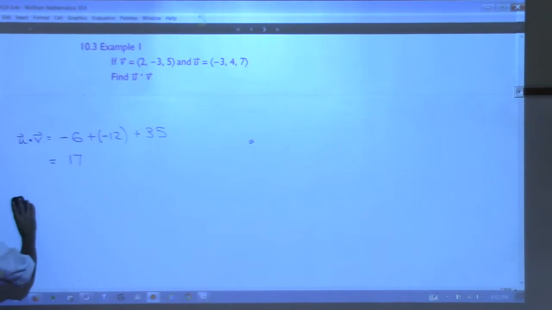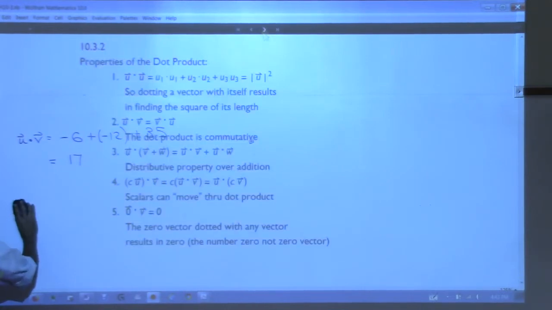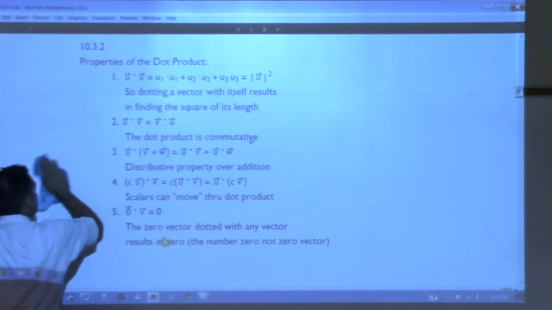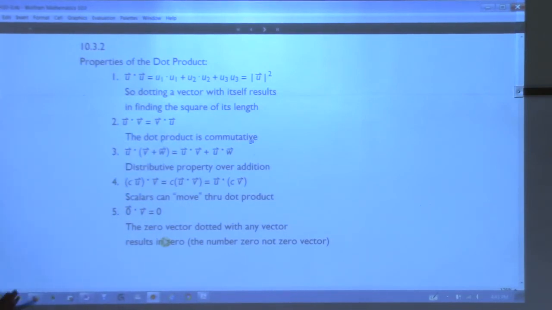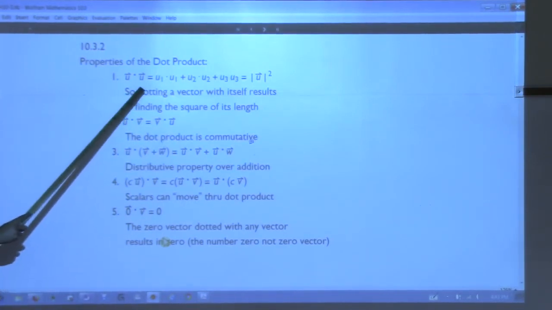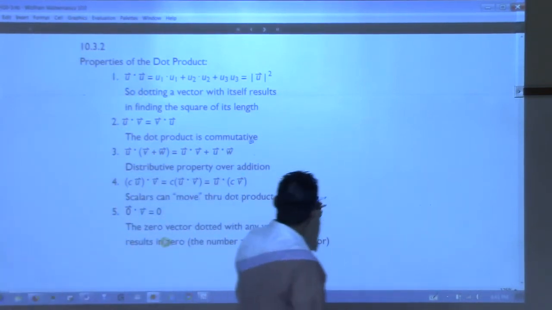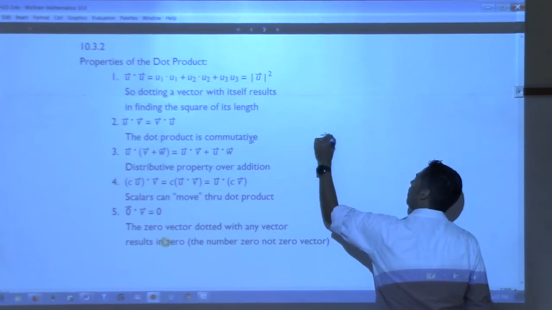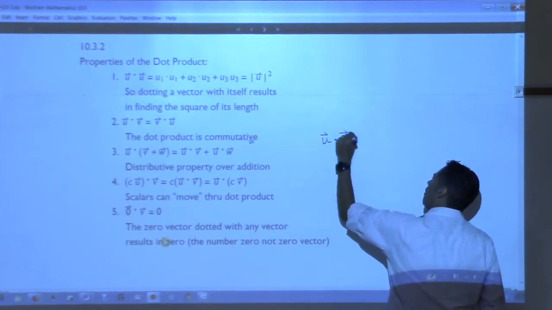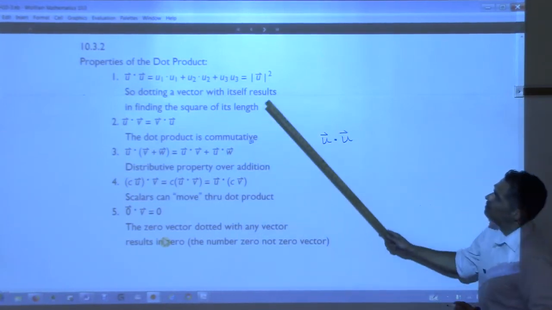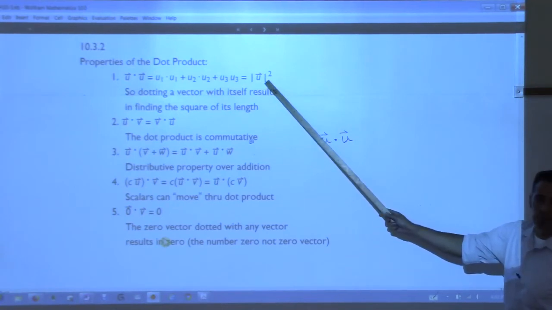All right, let's talk about some properties of the dot product before we actually get into the meaning of it. Check out this property, super important property right here, the first one. If you take a vector and dot it with itself, you get the magnitude of u squared.